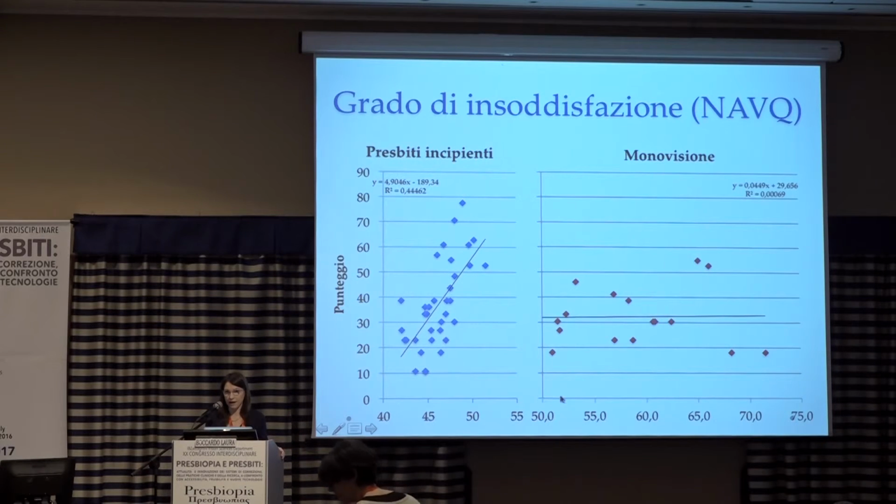Emerging presbyopes and corrected presbyopes. So people that don't use correction, with the aging process, have an increased dissatisfaction. If you have a near point of about 30 centimeters, so if you're really emerging presbyopes below 45, you're more satisfied.